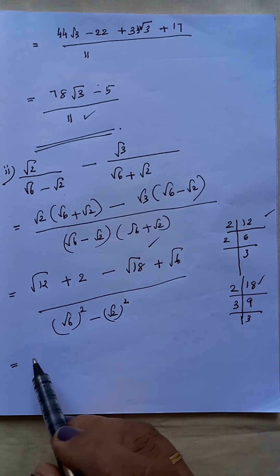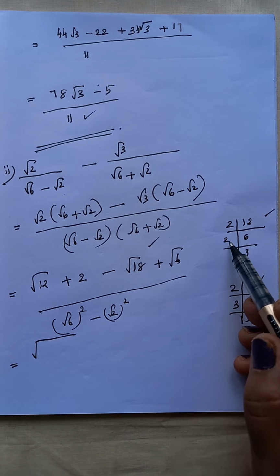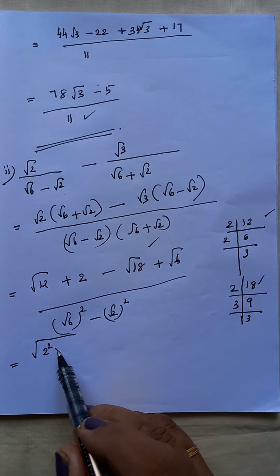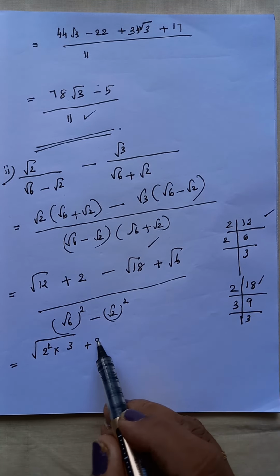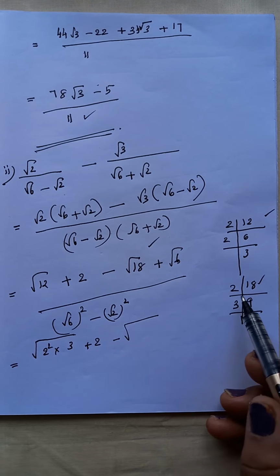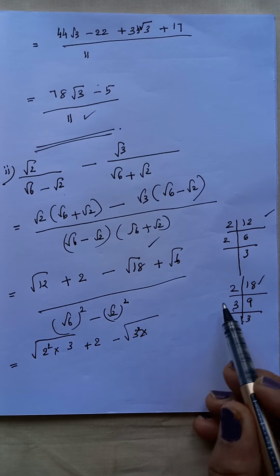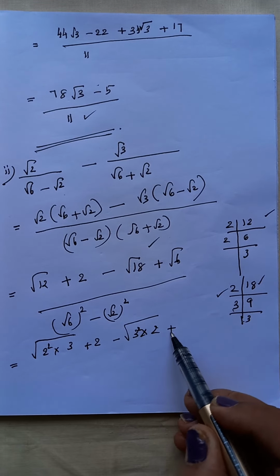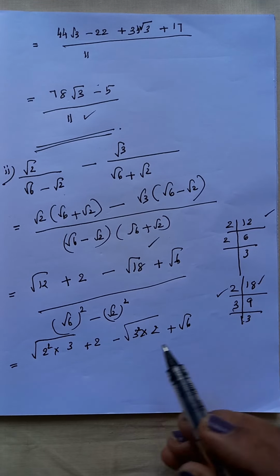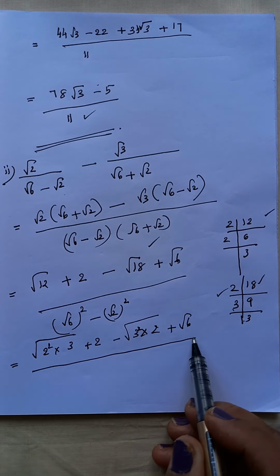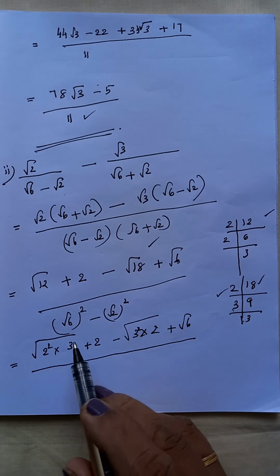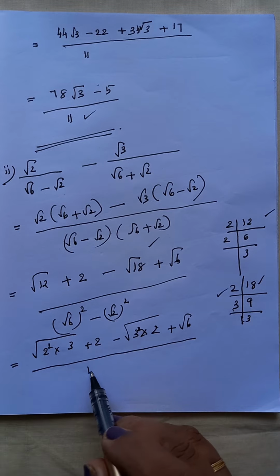So we can write this 12 as root of 2 into 2, that is 2 square into 3, plus 2 minus root of 18, that is 3 into 3, that is 3 square into this 2, plus root 6 divided by root 6 square is 6, root 2 square is 2. So 6 minus 2, that is 4.